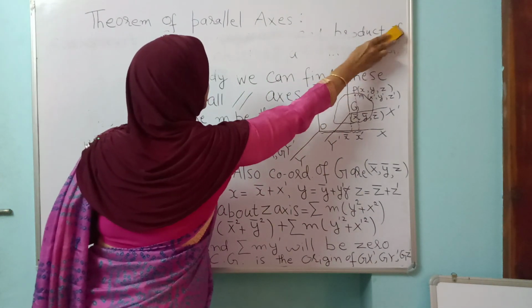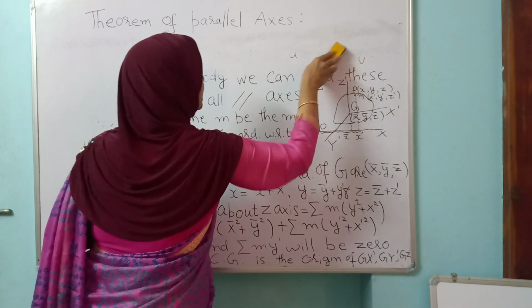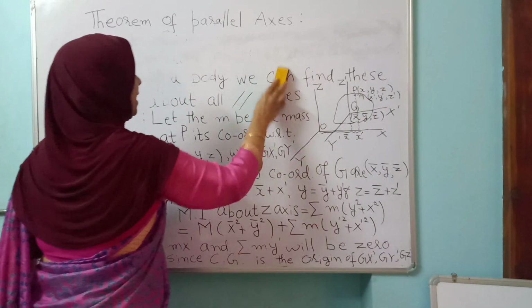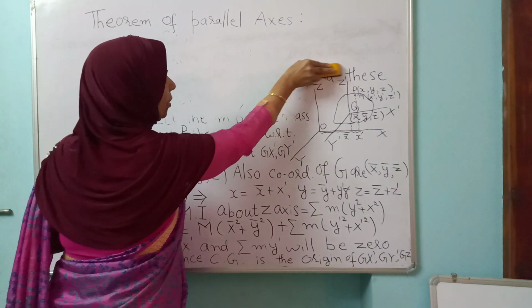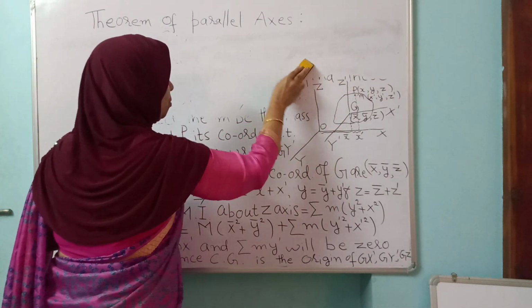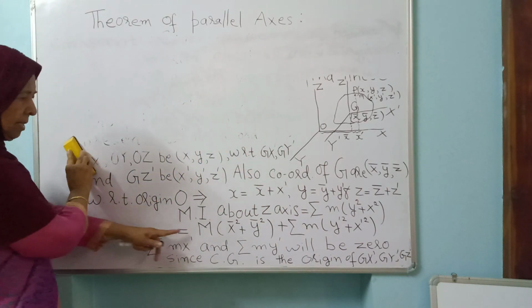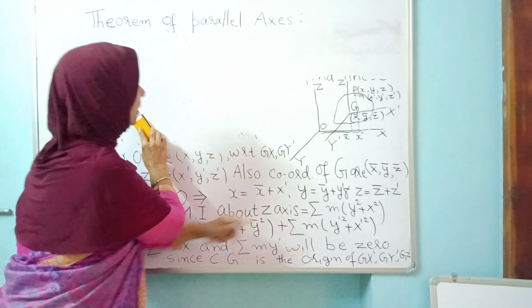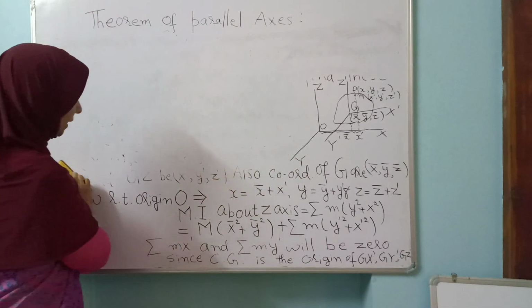The result is that the moment of inertia about the z axis is the sum of two quantities, and these two quantities are this and this. Now, let us elaborate. Let us give wordings to it.